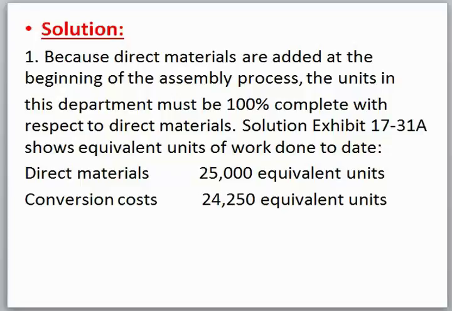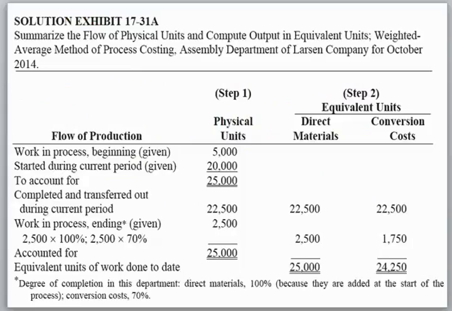Direct material will be 25,000 equivalent units, and the conversion cost will be 24,250 equivalent units. Here's the solution. Summarize the flow of physical units and compute output in equivalent units, weighted average method of process costing, assembly department of Larsen Company for October 2014.